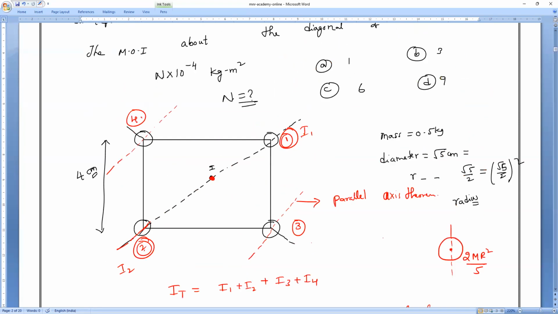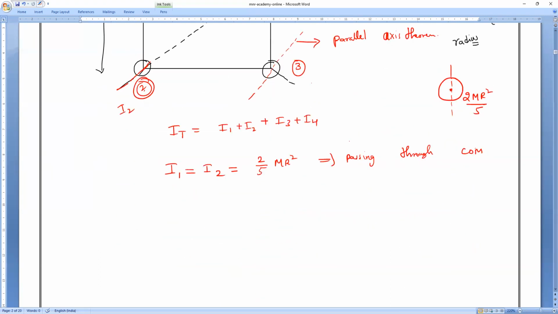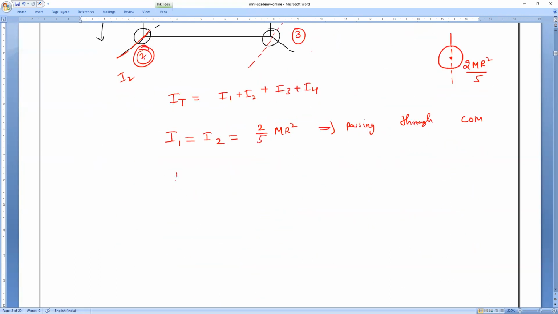Now if you notice, for spheres 4 and 3, both have parallel axes of rotation, so by the parallel axis theorem they will also be equal: I3 equals I4.